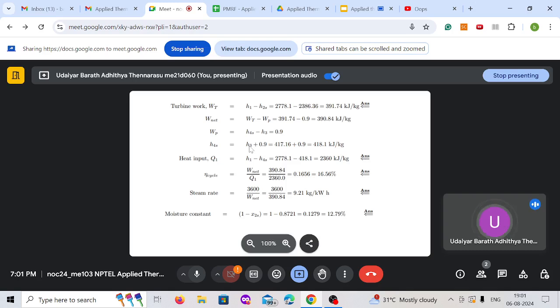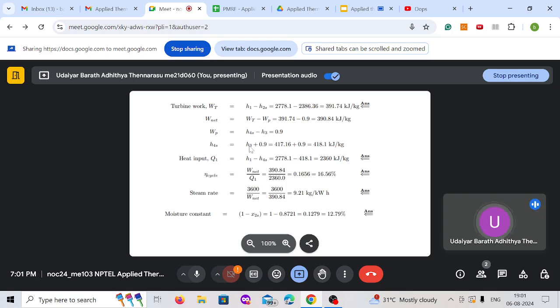Now the steam rate, or specific steam consumption, is in kg per kilowatt hour. That is nothing but the amount of steam required for generating 1 kilowatt hour of work. To convert it to kilowatt hour, we multiply by 3600 in the numerator and denominator.